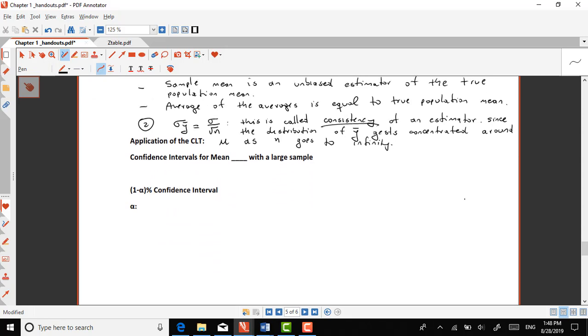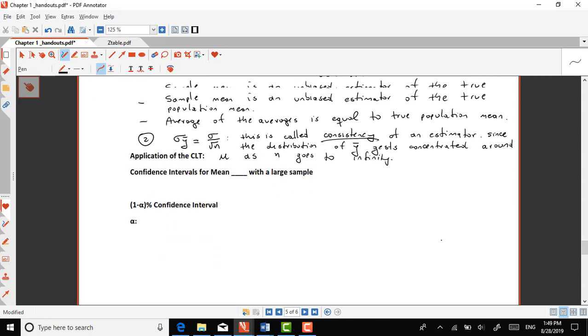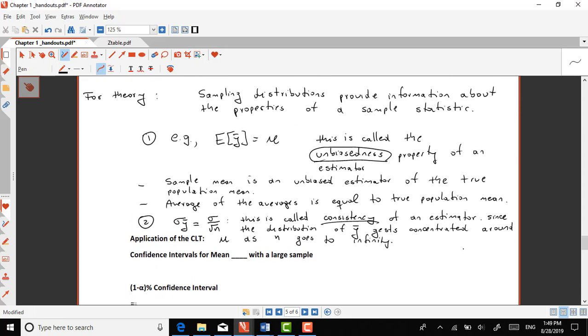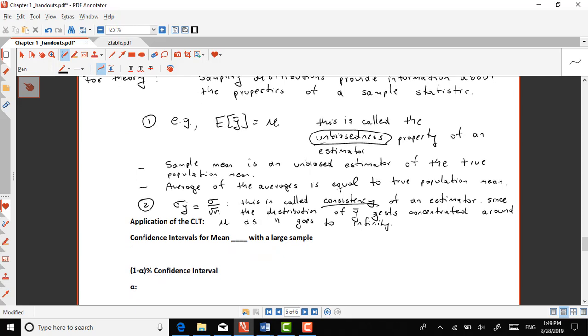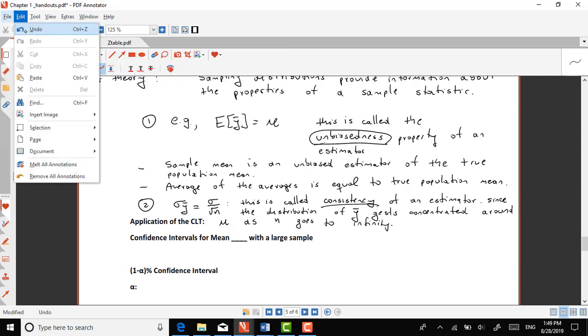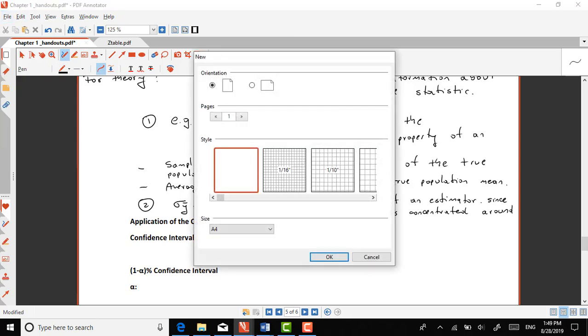Okay, and I'm running out of space here, so I'm going to open a new page so that you can see graphically what that means.